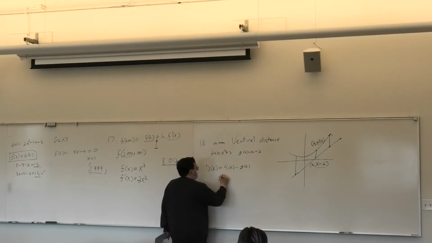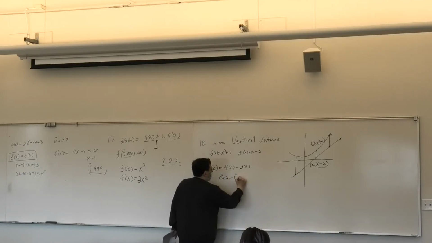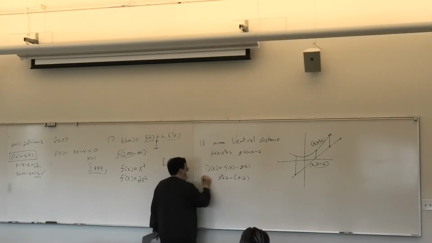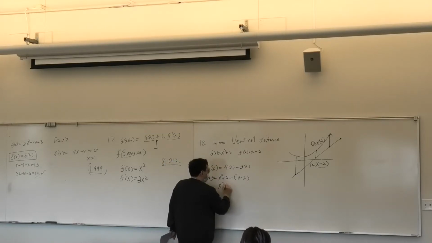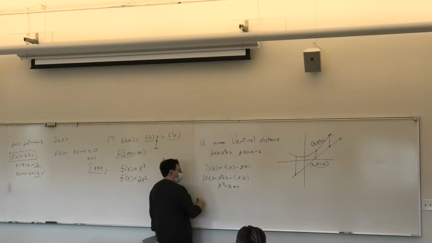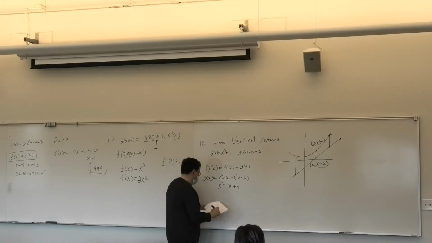Or x squared plus 2 minus x minus 2 is x squared minus x plus 4, if I did that right.